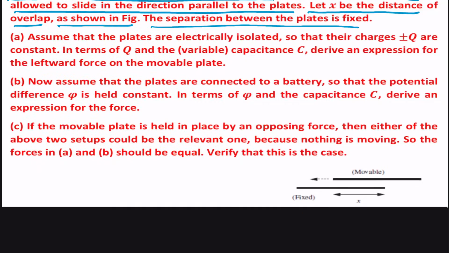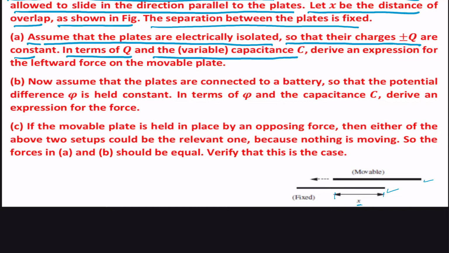Figure is given to us, two plates, the lower one is fixed, upper one is movable, and the overlap is said to be given as our x, and the distance is fixed between the separation.